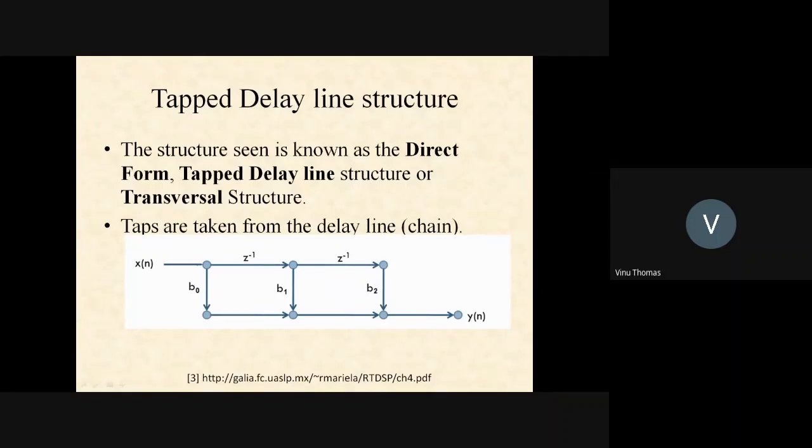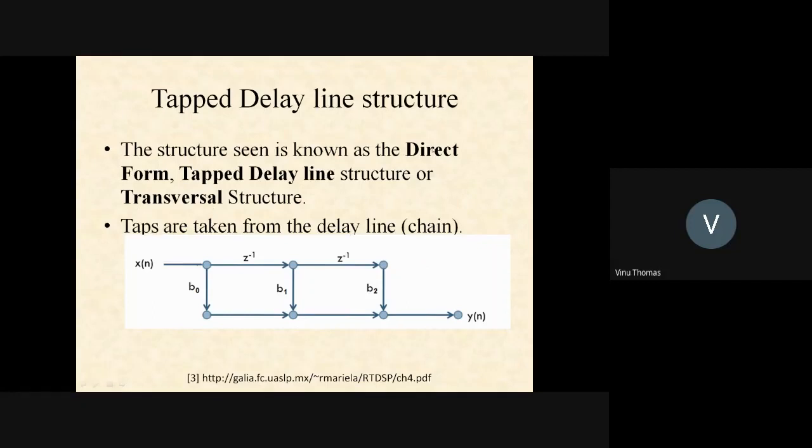There are other names, as we had mentioned, for this kind of implementation, this kind of realization of the FIR filter structure. This realized structure is known as the direct form structure, or the tapped delay line structure, or the transversal structure.